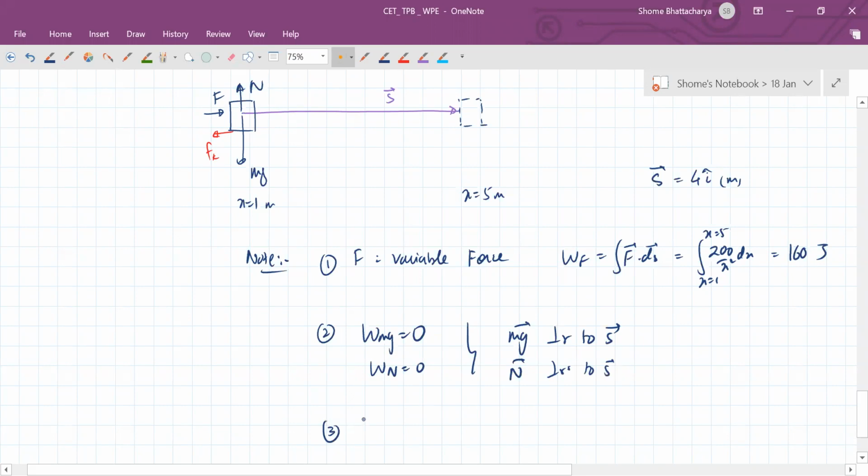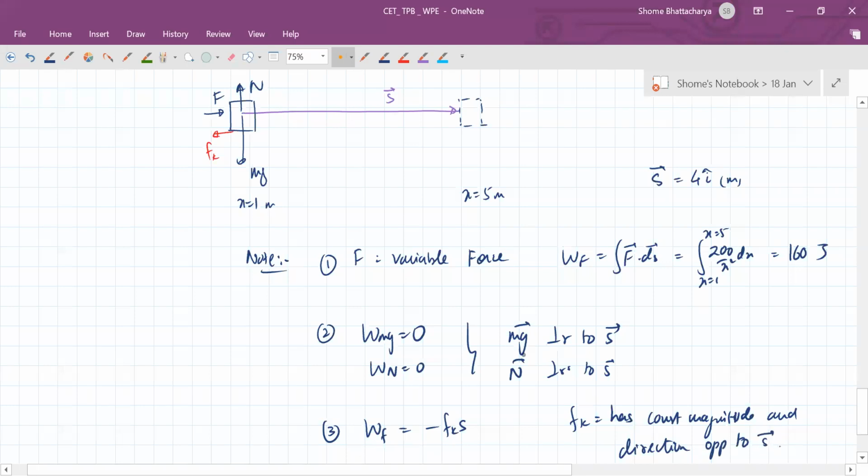And what about work done by friction? That will be minus F into S, because friction has constant magnitude and direction opposite to the displacement.